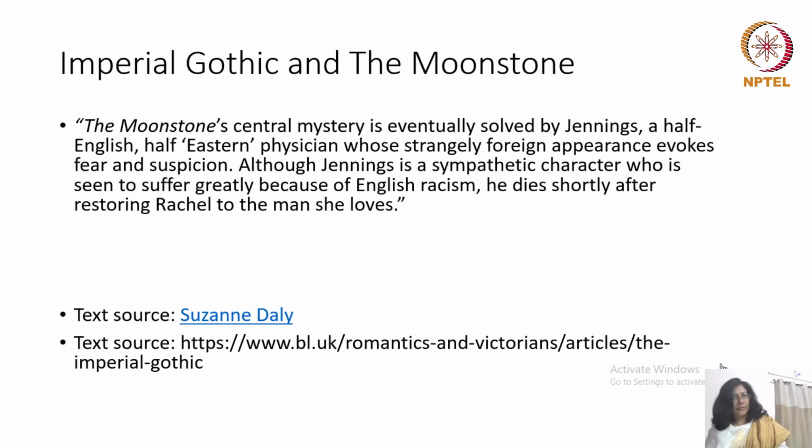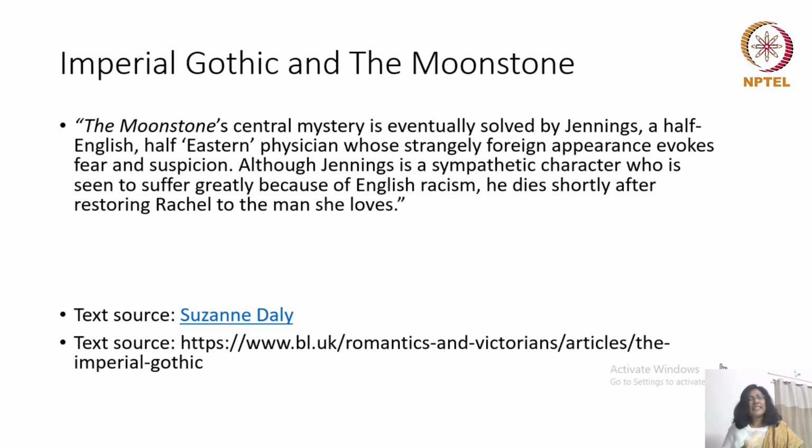There is also suspicion from those who come in contact with him, but ultimately he proves to be a source of good. In fact, he helps clear that mystery. He is the one who helps set up that experiment in which everybody comes to know that Franklin Blake innocently took that diamond under the influence of opium.